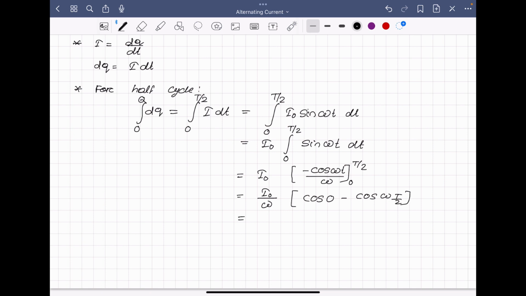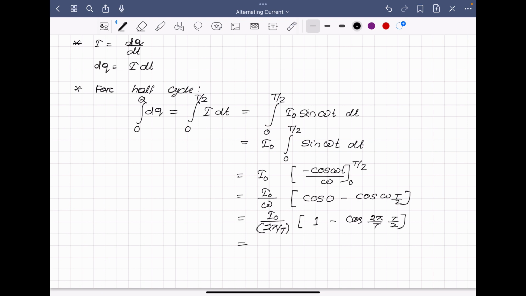This becomes I naught, in place of omega you can write 2 pi upon T, and then we have cos 0 is 1, minus cos 2 pi by capital T into T by 2.